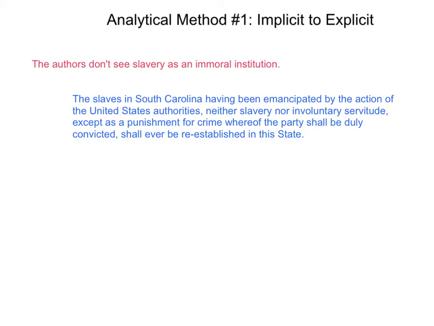Now, there are some other possible things that might jump out at you. In any sentence, there might be multiple implicit meanings that you can draw from it. For example, in this one, the clause at the end of the sentence, the idea that slavery and involuntary servitude can be reestablished as a punishment for a crime whereof the party is duly convicted.